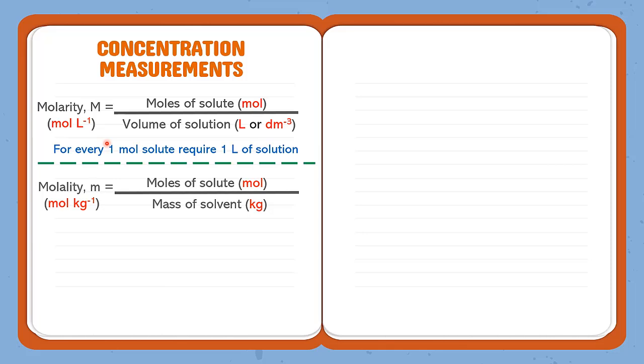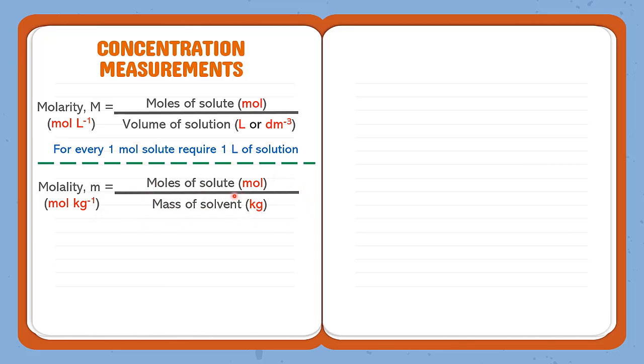Next, molality, denoted by small letter m with unit mole per kg. So this time around we are talking about the mass. The unit for mass is gram or kilogram, but for molality specifically we use kg. So the unit suggests that the formula is going to be mole of solute divided by mass, which comes from the per kg here, and the mass here belongs to the solvent.